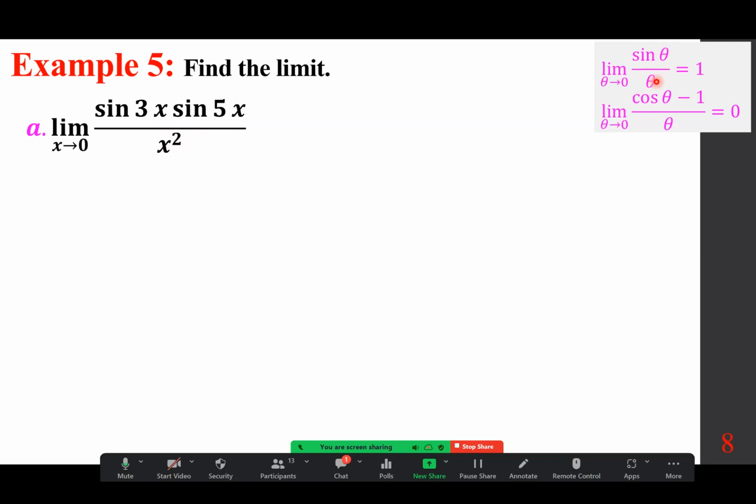For example, if we had sine 3x over 3x, we would get 1. If we had sine 5x over 5x, we would get 1. So the very first thing we do, we can separate the x squared into x and x.